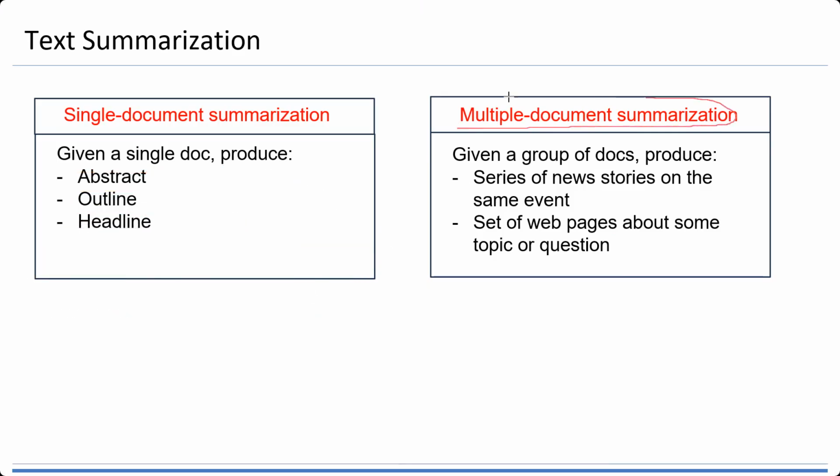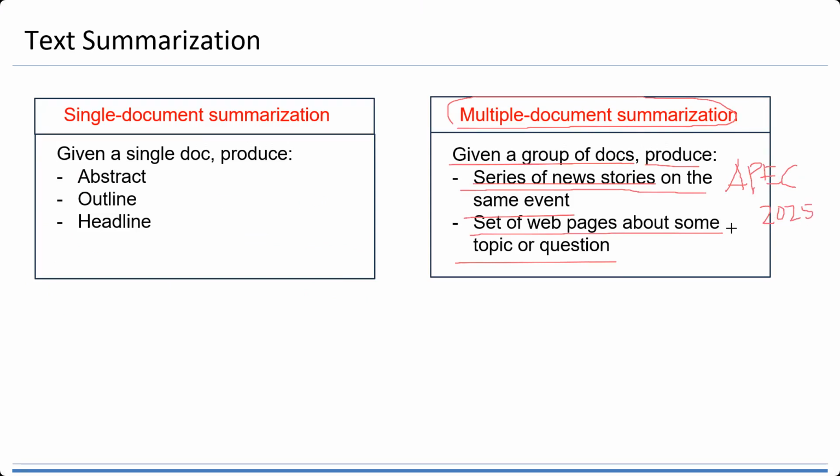Multiple document summarization. We can have more than one document, even a group of documents. It produces a series of news stories on the same event, or a set of web pages about some topic or question. For example, we have just finished the APEC. There is a lot of news related to APEC 2025.